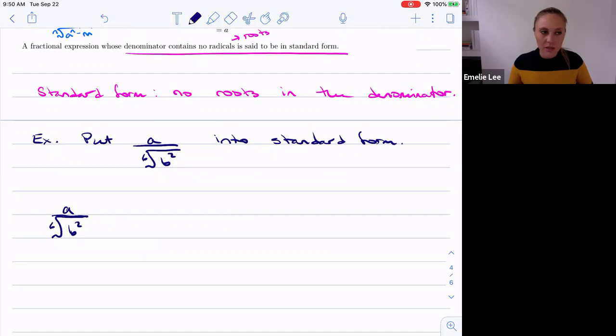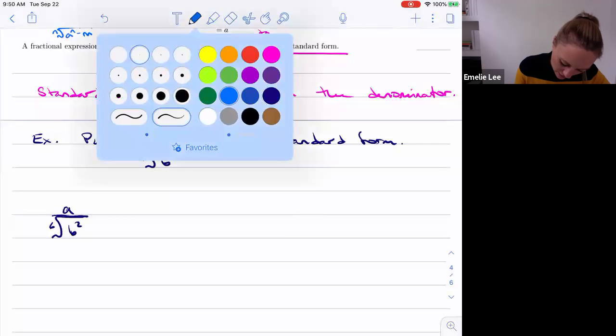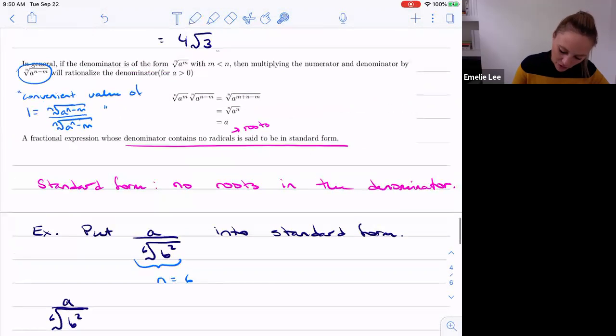So first thing I'm going to do is highlight what my n is and what my m is, because here I see that I've got some nth root and some m-th power inside that root, right? So in this case, n is 6, if I'm trying to match this notation here, it's all the same.